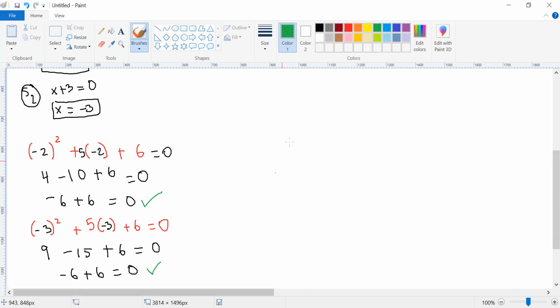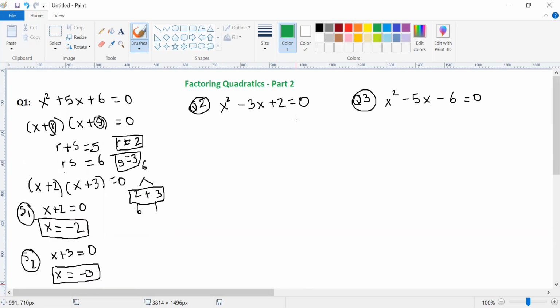So for question number 2, let's solve question number 2. Nothing really changes here. We know that r plus s, the numbers that we're factoring, has to equal -3, and r times s is equal to 2.